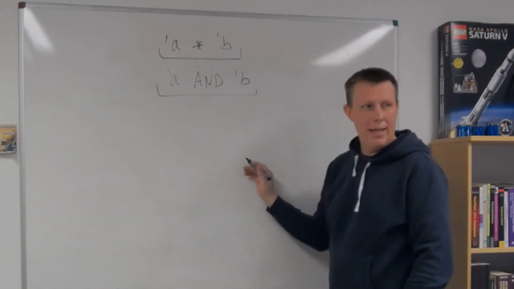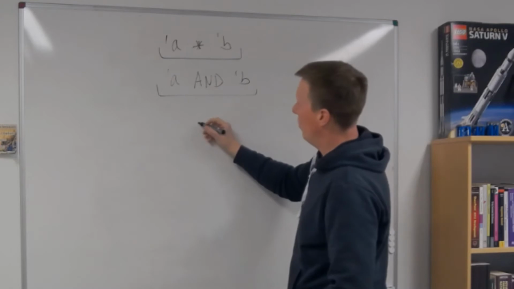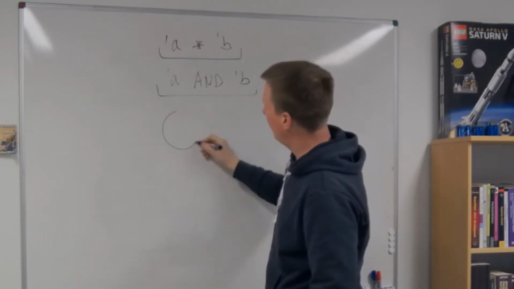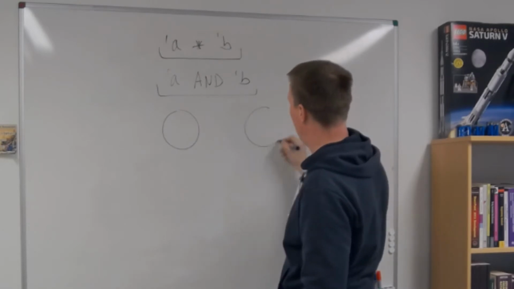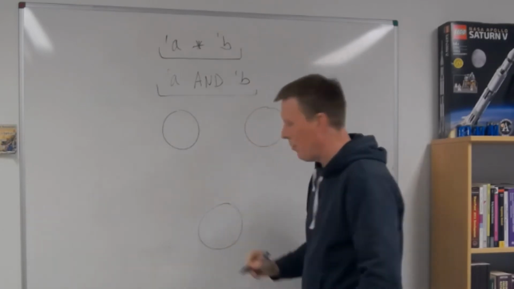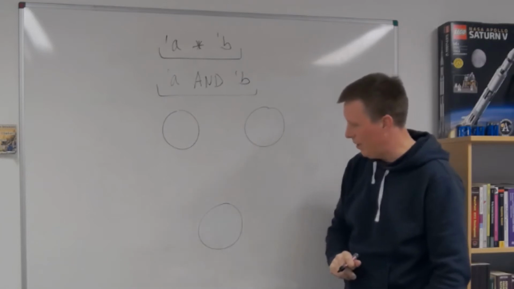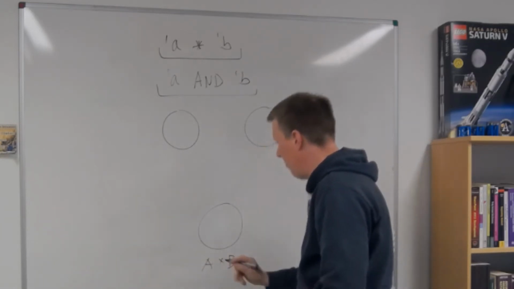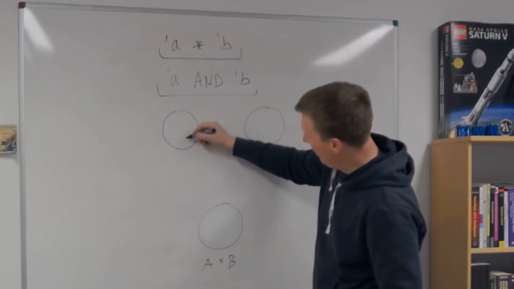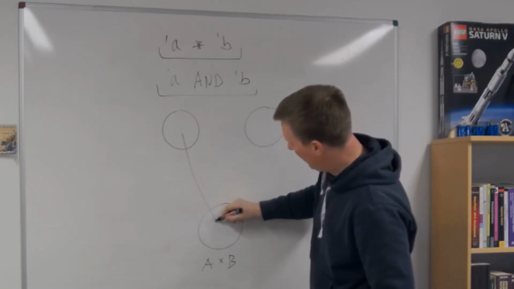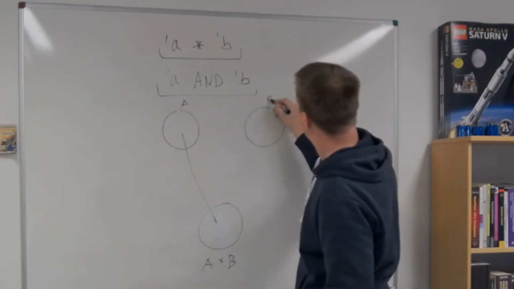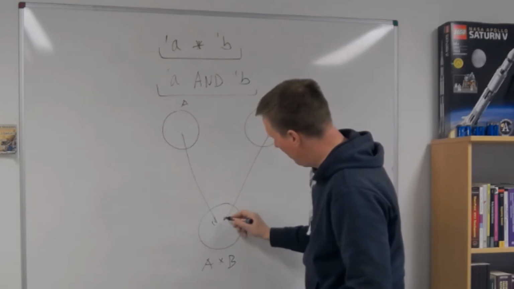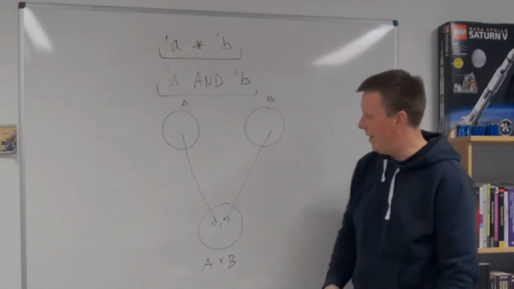So if we would draw a diagram of how this would look, we have a set A, we have a set B, and now we have a product set C down here, which would be A product B. This is the product set. We would pick an element from this set A here, and we could draw an arrow and place it into this pair inside of this set.